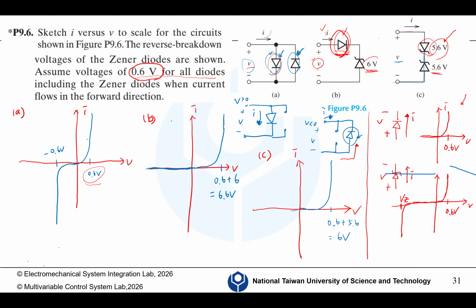So it will become like this. Here, it should be minus 0.6 minus 5.6, which is minus 6 volts. So this is the VI curve for C. Hopefully you can understand. Let's look at one more problem.